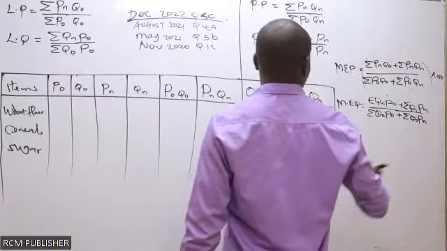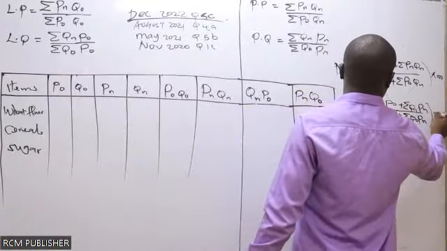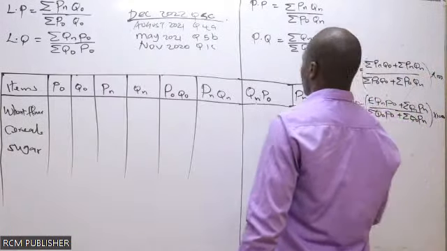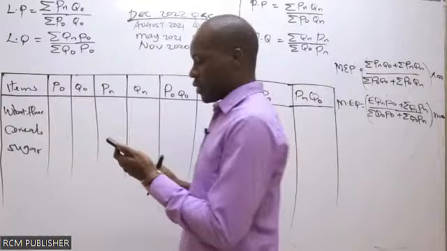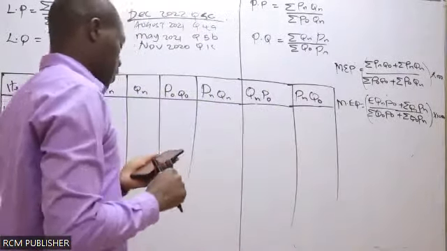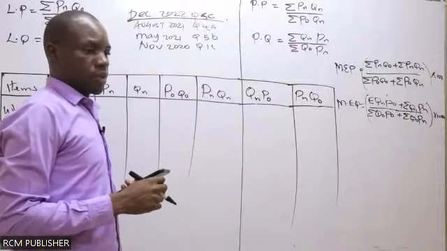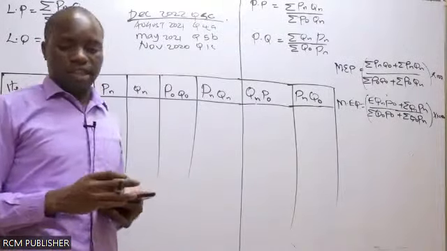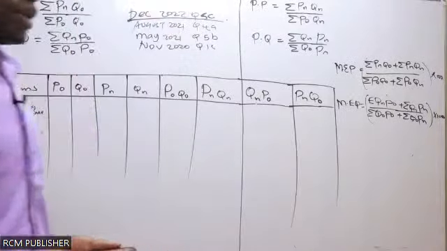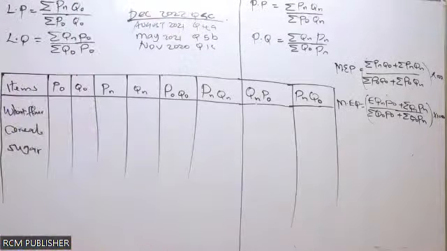So that is what you need to have there, expressed as a percentage. Once you do that, you'll be able to answer Roman 1, Roman 2, and Roman 3 of the question. So do you have something of that kind? Yes. Okay, so I want us to now use the calculator to work out those values.